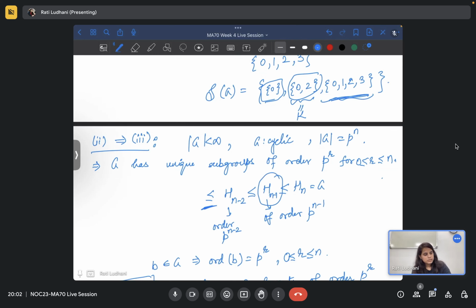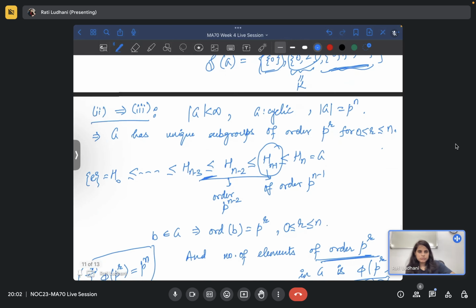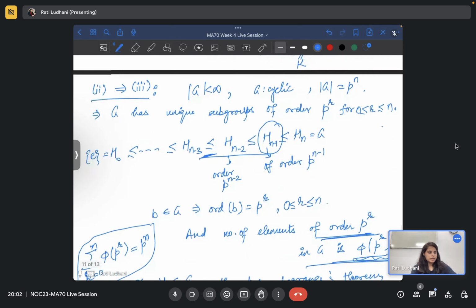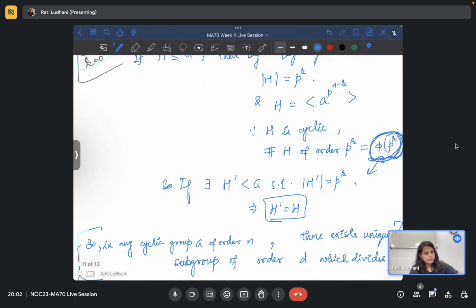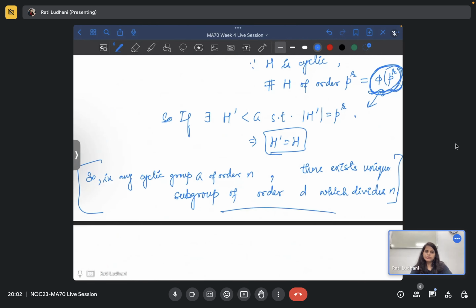So that means this chain is justified, and you go on down to 0, which is the identity. Is that clear? These are good properties of cyclic groups that you can use directly. So we use the part that it has a unique subgroup of every order.